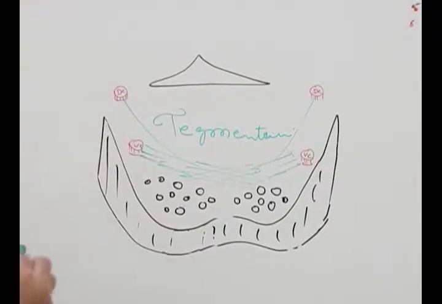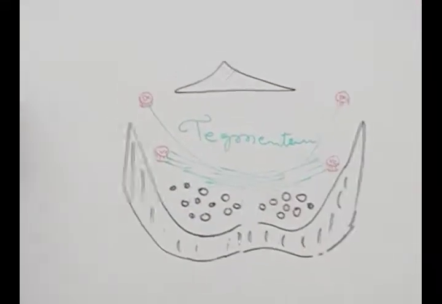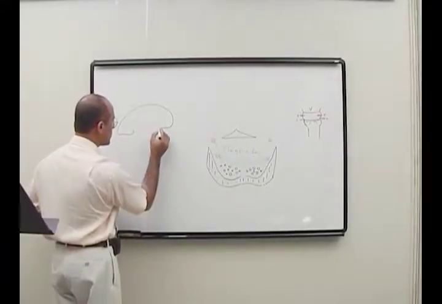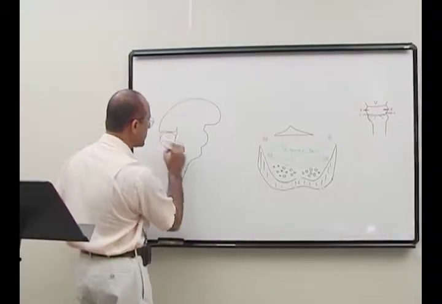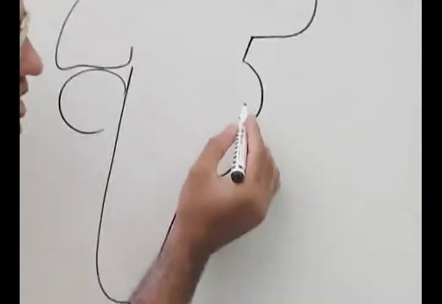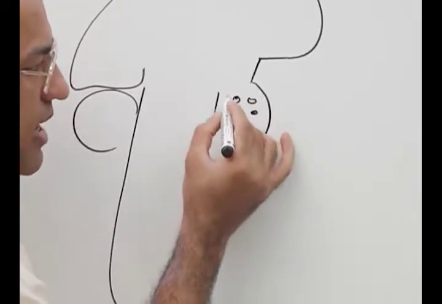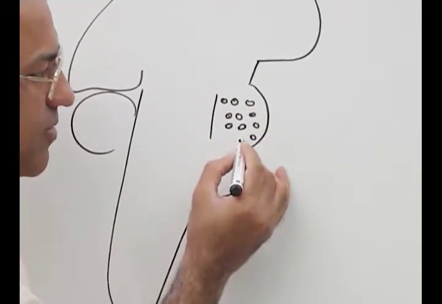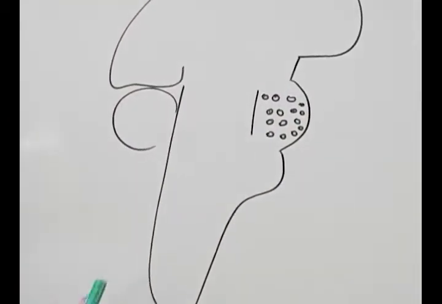Now, let me show you exactly what pontine nuclei are doing. Pontine nuclei are present in the base of pons at upper level as well as at lower level. Is that right? These are pontine nuclei.